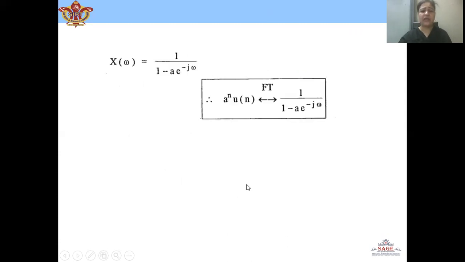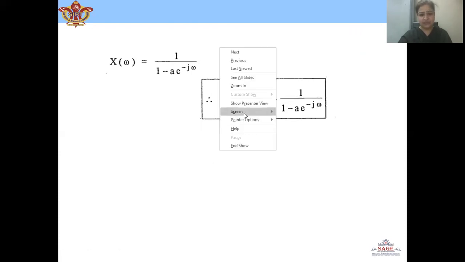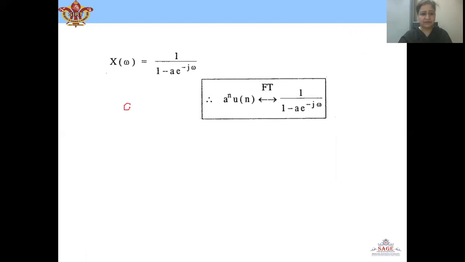Now, we know that the sum of an infinite GP is given by a upon 1 minus r. Thus, the infinite GP sum is written as a upon 1 minus r, where a is the first term and r is the common ratio.